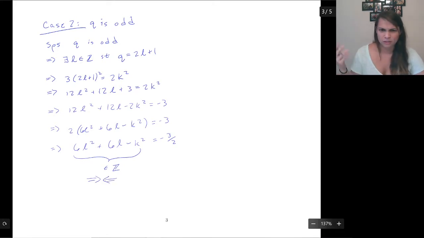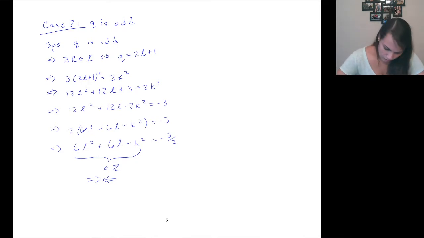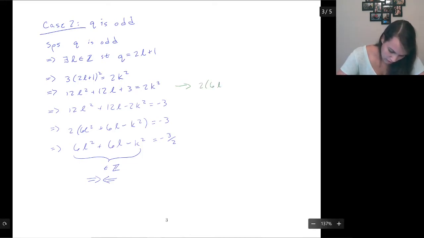And then just so that you could see the other way to have run at it, we diverged here. We could have done 2 times 6L squared plus 6L plus 1 equals 2k squared, and then been like 6L squared plus 6L plus 1 and k squared are integers.